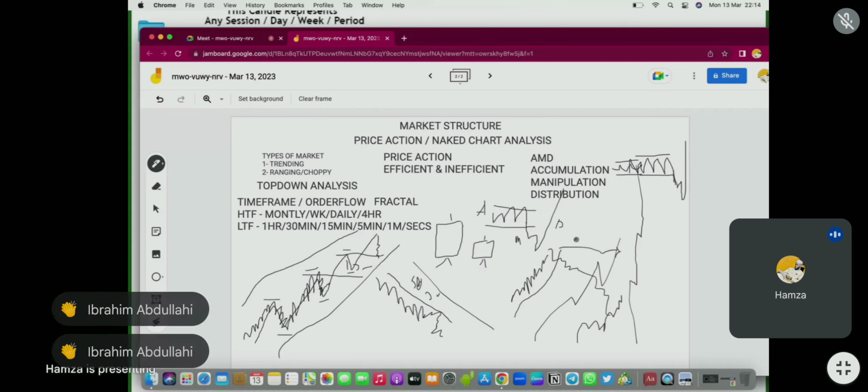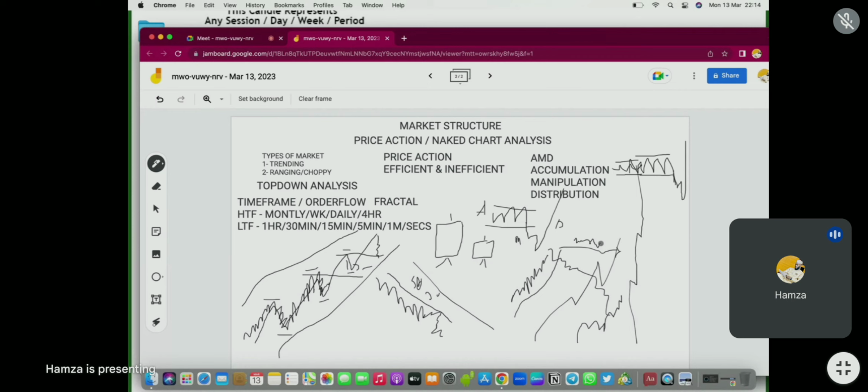Is there anyone that wants to buy? Okay, I have enough money. You've gathered up orders, then okay, I will go. Same applies here. Price would seek to gather up orders, take out those orders, then make the intended move.